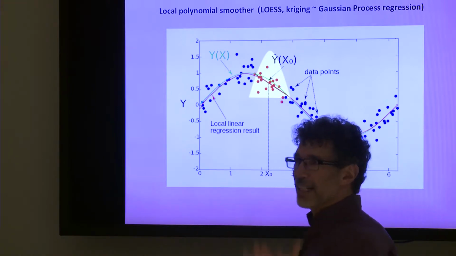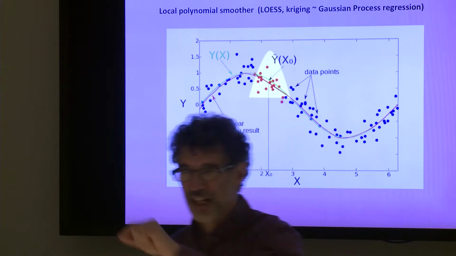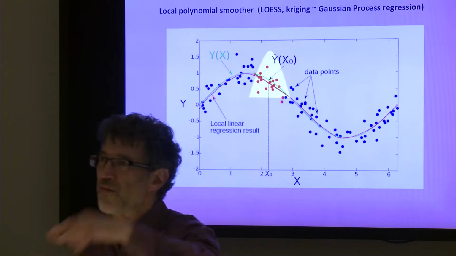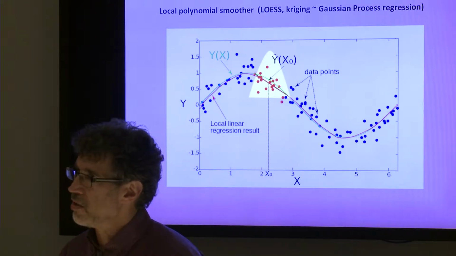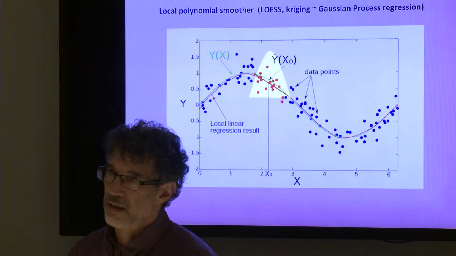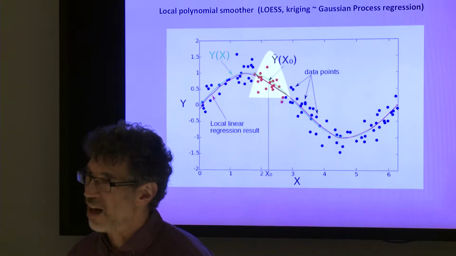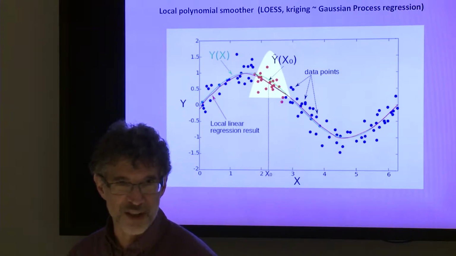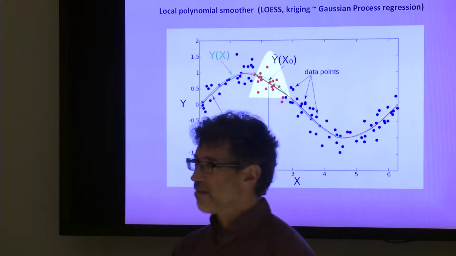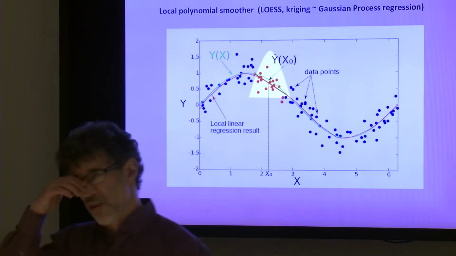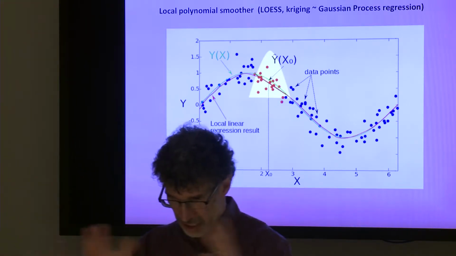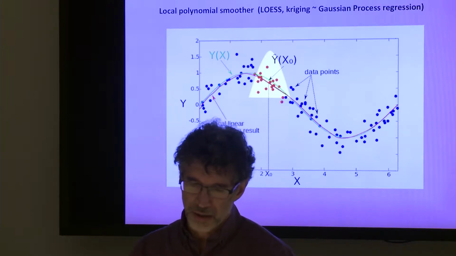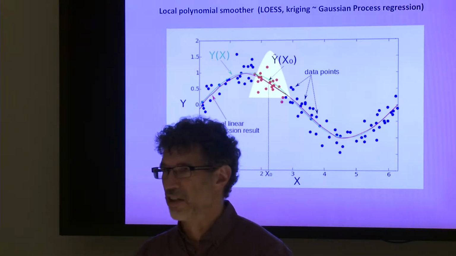The interesting thing in kriging is that it actually gives you not only a map of the mountains, but also a map of the uncertainty of the mountains using a Gaussian scatter hypothesis, which is very similar to Gaussian processes regression. In fact, Gaussian processes regression, which is now very popular in astronomy, is a smoother that is also a local polynomial least squares maximum likelihood smoother.